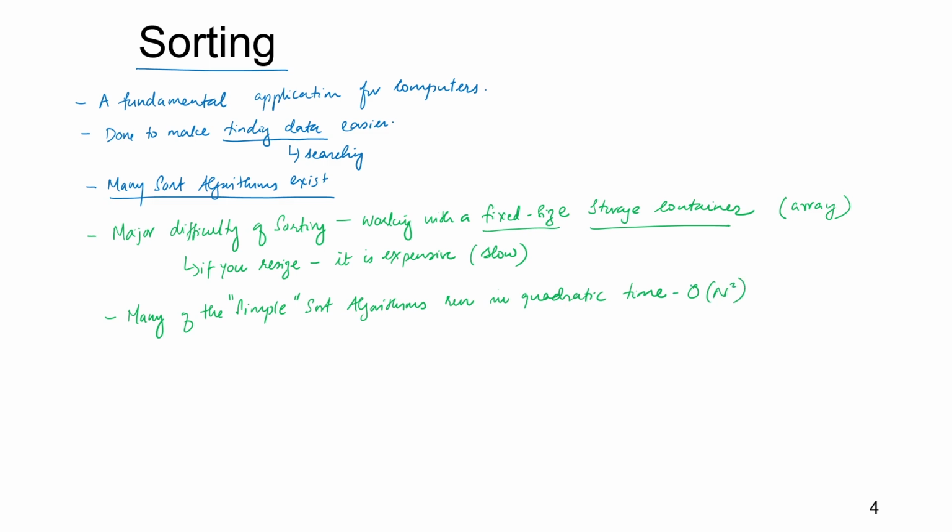So, as the number of items to be sorted increases, the time increases quadratically. Some examples are bubble sort, selection sort, insertion sort; these are the simple sorts, and they all run in quadratic time. Okay. So, this is about sorting.